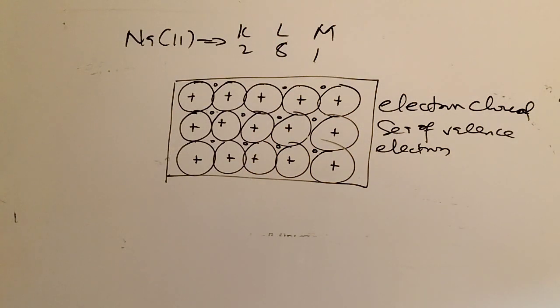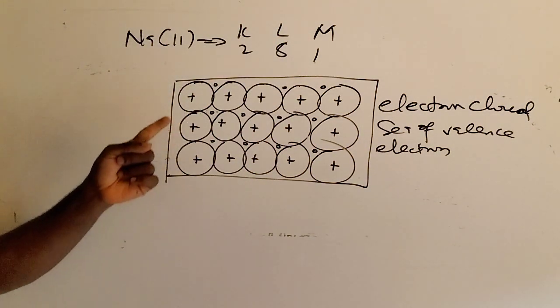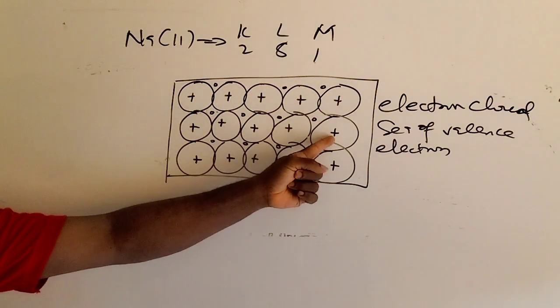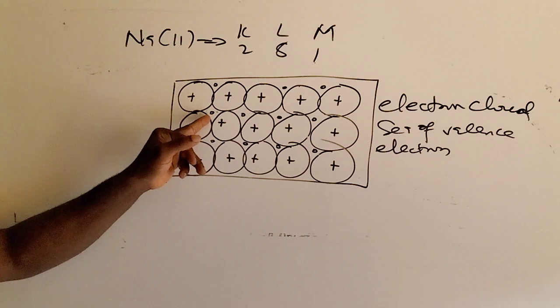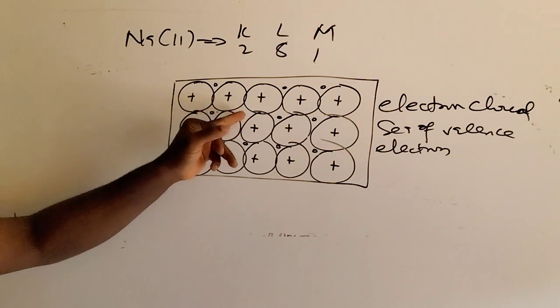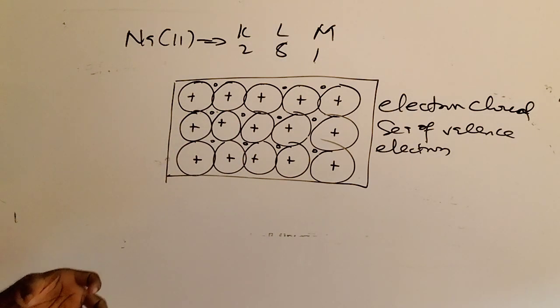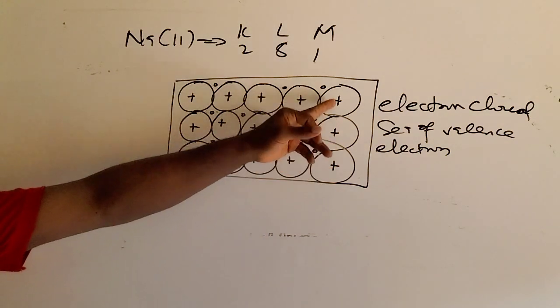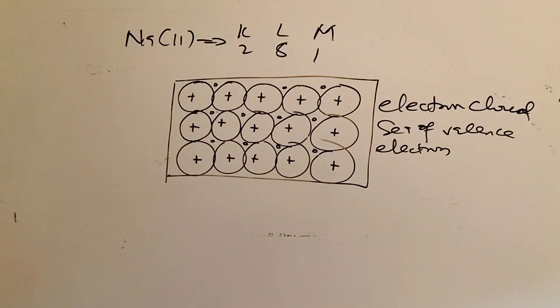The attraction between the positively charged protons or nuclei of the metals and the electrons that constitute the electron cloud makes up the metallic bond, because these protons are positively charged and the electrons are negatively charged. So there's bound to be attraction that will put the atoms all together.